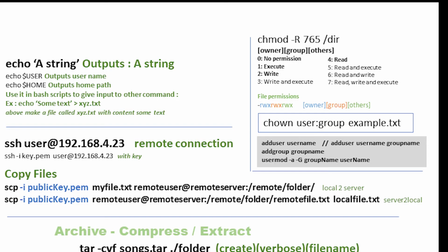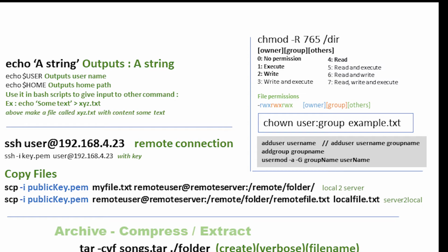Let's head back to our cheat sheet and see how we can change the permission of a file or directory. To achieve that, we use chmod. The permission consists of 3 numbers: owner, group, and others. The way you calculate each of these numbers is that 0 is for no permission, 1 for execute, 2 for write, and 4 for read.